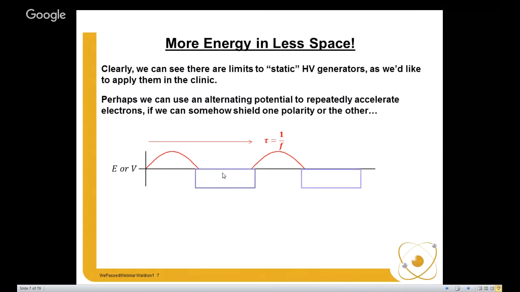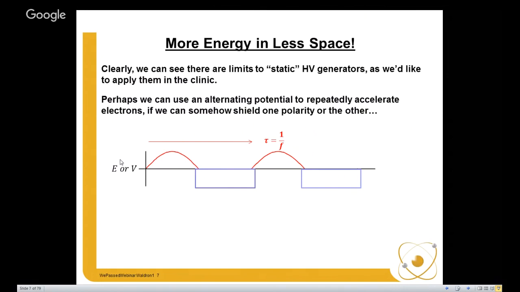However, if I could somehow shield that charge from the unwanted polarity of the passing potential, I might have an opportunity to get a charge to be accelerated by only the one polarity or the other, and therefore have some chance of being sequentially accelerated to the right.